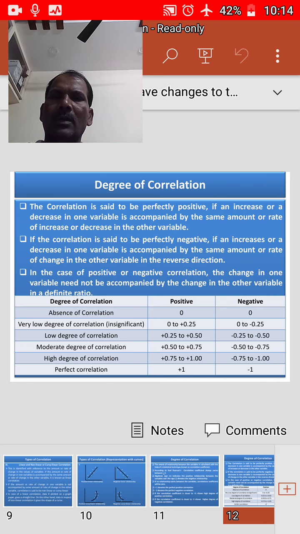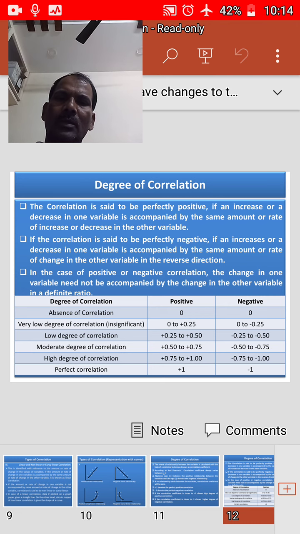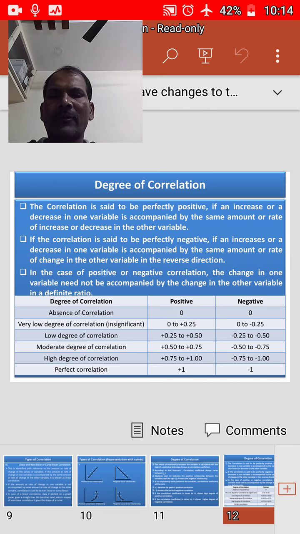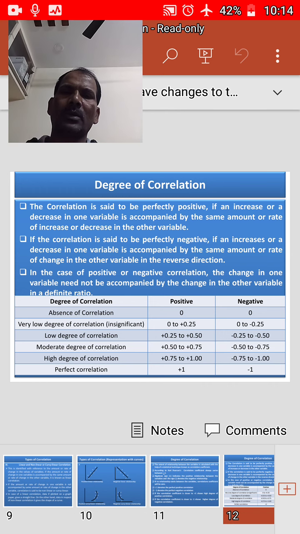We conclude that if there is a high degree of correlation, in the case of positive correlation the value ranges from 0.75 to 1, and in the case of negative correlation the value ranges from minus 0.75 to minus 1. In the case of perfect correlation, there exists a perfect correlation among the variables.